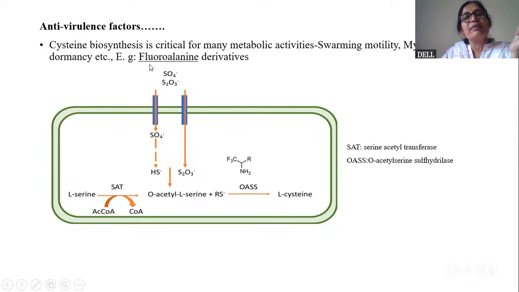I have given the example of fluoroalanine derivatives. This will block OASS, and then cysteine is not formed. If cysteine is not formed, then the mycobacterium will not go into dormancy, and therefore it is susceptible to antibiotic activity.